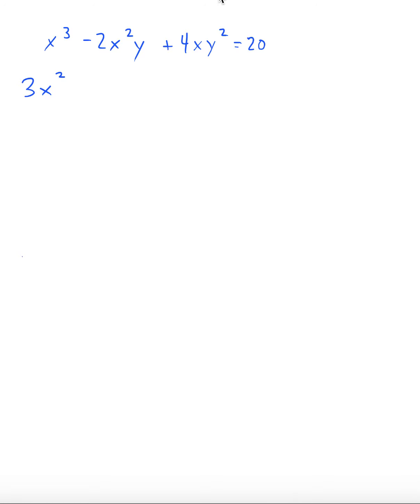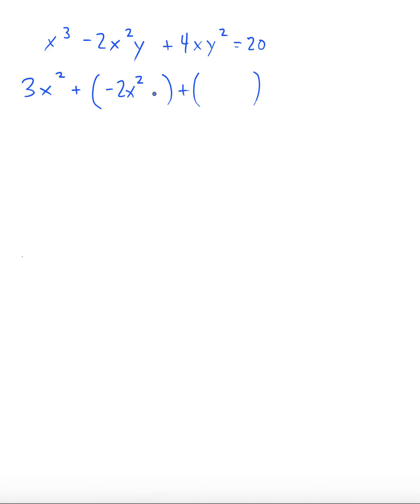So that's no problem. But here, we're going to have two terms. First, I'll leave the negative 2x squared alone. And I'll take the derivative of the y.